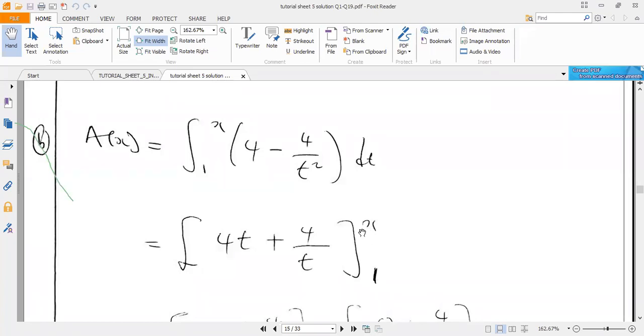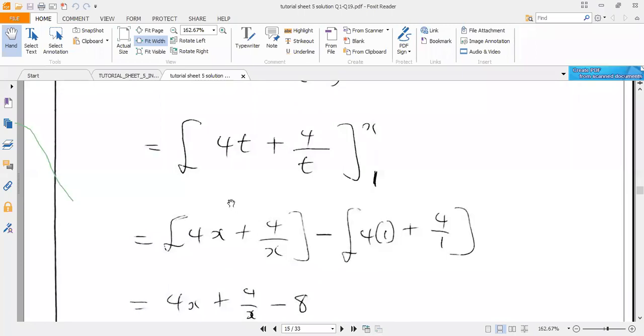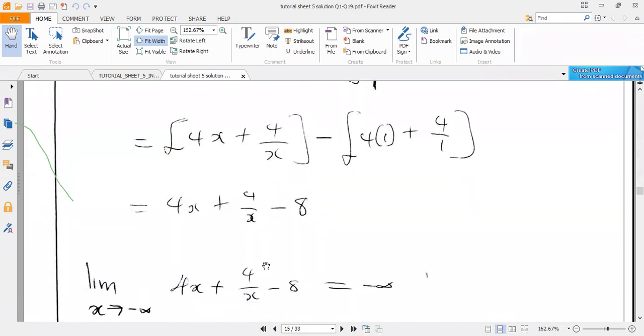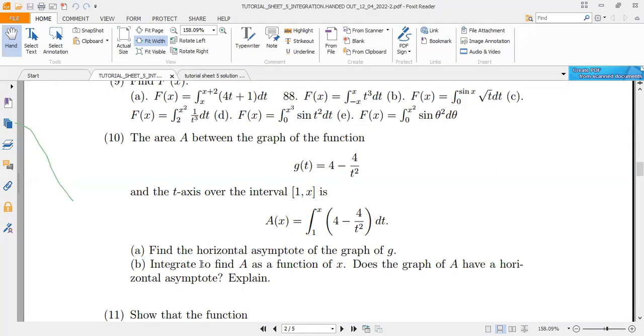Then you plug in: 4x, where there's t you put x, plus 4 over x, minus, you put 1 where there's t, plus 4 over 1. Then your new function A of x is this new expression here. You have integrated to find A as a function of x.